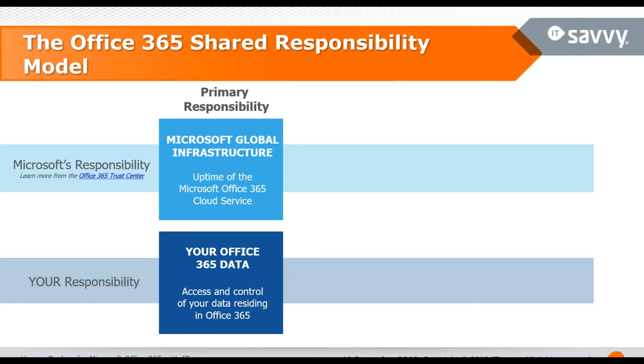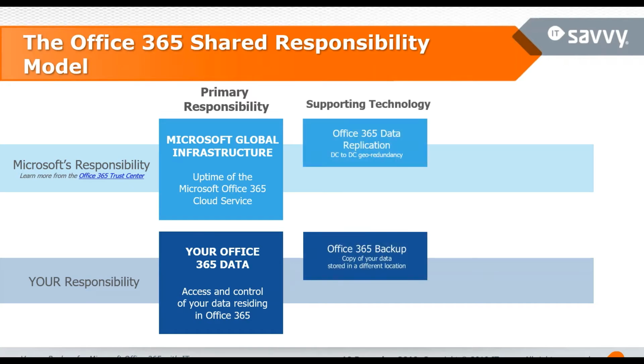From Microsoft's point of view, they are there to provide a global infrastructure, and their guarantee to you is that that infrastructure, that uptime, has a 99.95 uptime requirement that they're giving you an SLA on. But it's your responsibility for access and control of the data that you have within Office 365. It's not their data to begin with, so they see it as your responsibility to take care of your data. You're just utilizing their service.